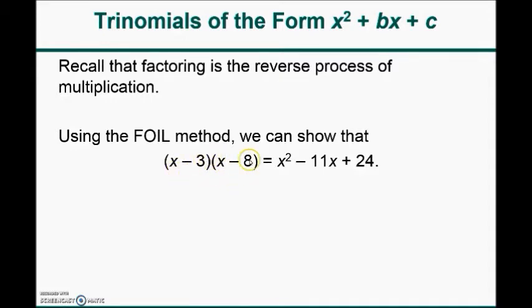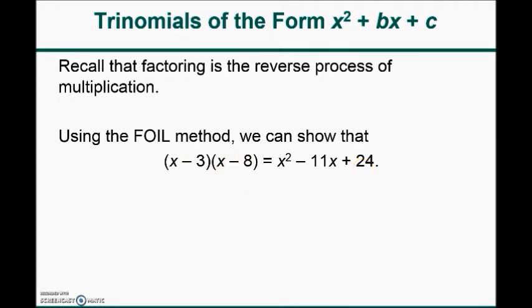Inner, negative 3x. If you combine, you get negative 11x. And the last, negative 3 times negative 8 gives you plus 24. That's how you do FOIL.